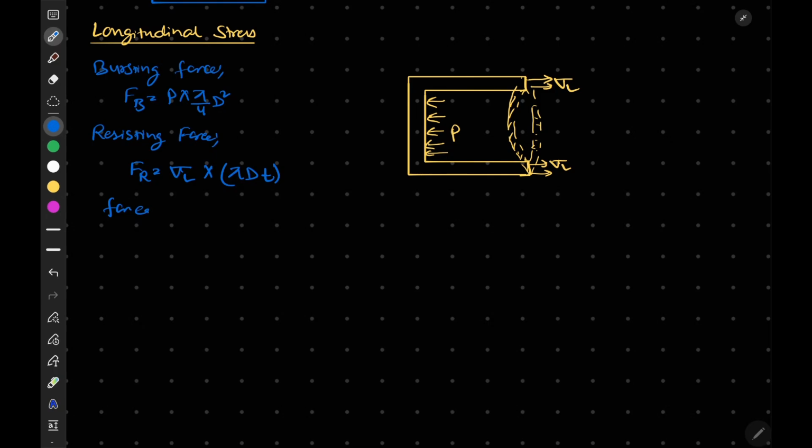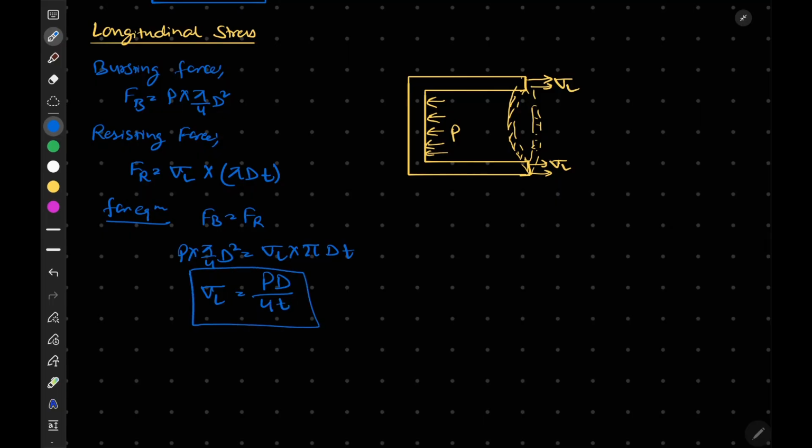For equilibrium, Fb is equal to Fr, so P into pi by 4 D square is equal to sigma L into pi D T. From here, sigma L is equal to PD by 4T. This is the longitudinal stress.